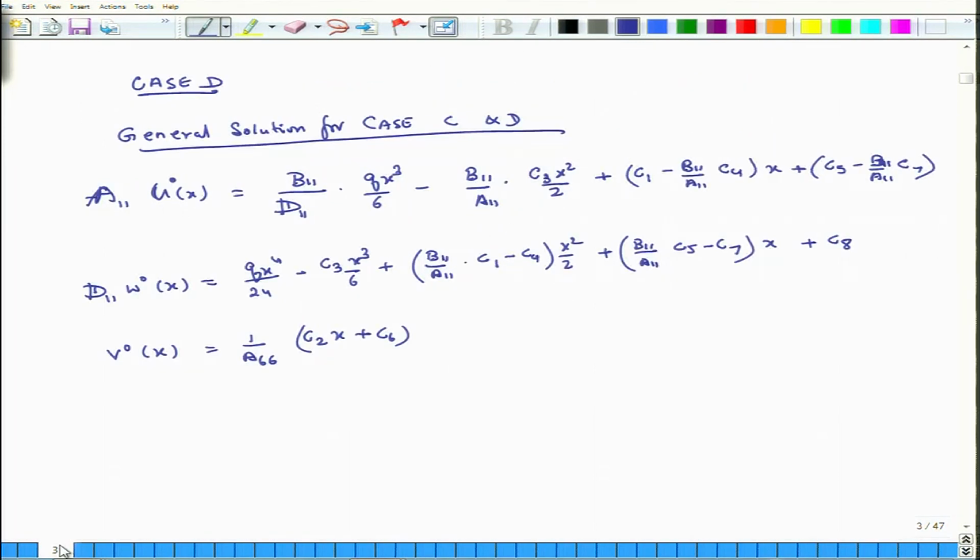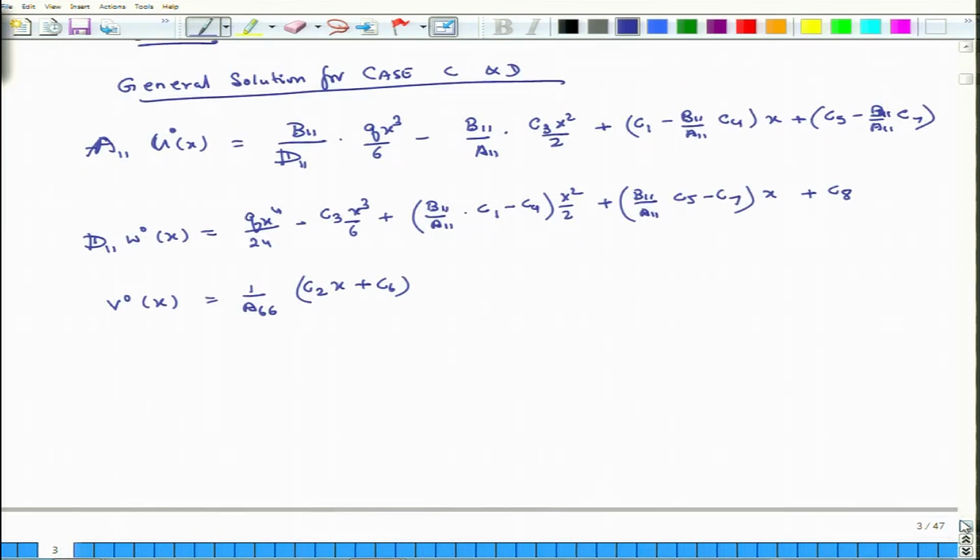So, the first thing we do is we apply BCs. We know that V naught x is equal to 0 at x is equal to plus minus a over 2. So, if we use this, we find that C2 equals C6 equals 0.